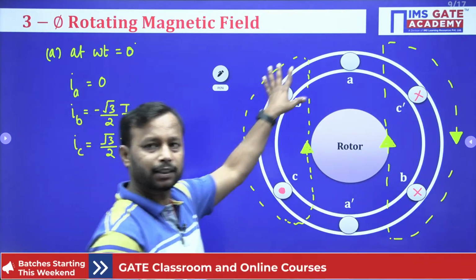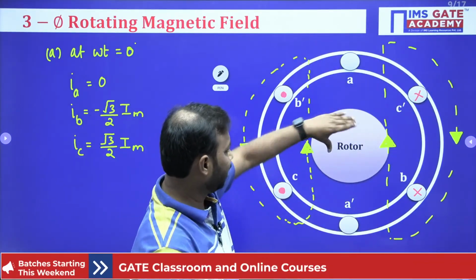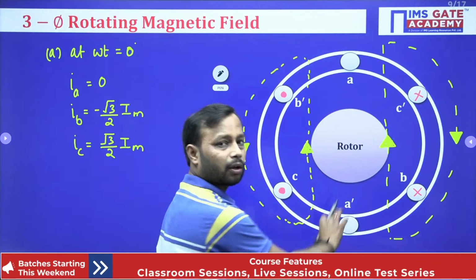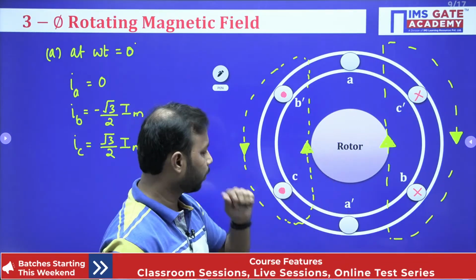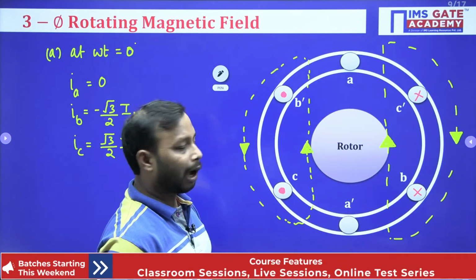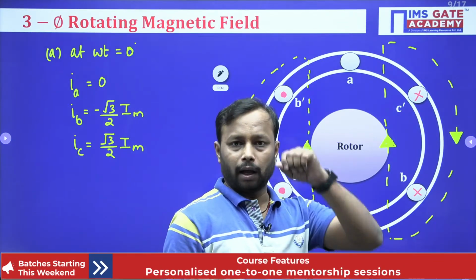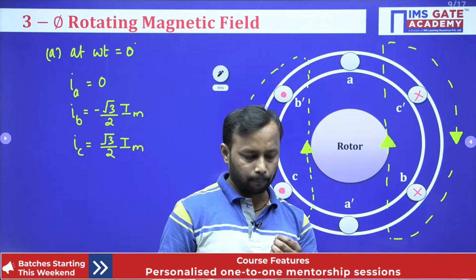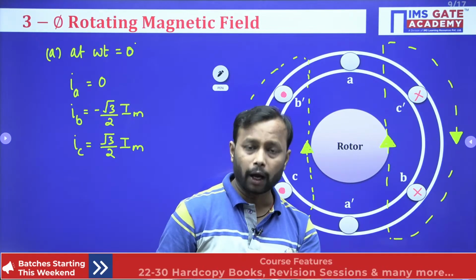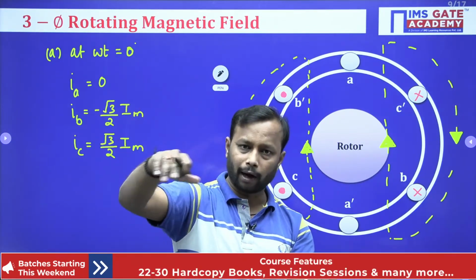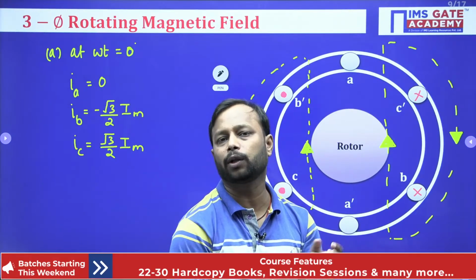All right, so this is the stator, this is the rotor, and the gap is air. Now, we know one concept of the magnetic field: the magnetic field lines move outward from the north pole, enter into the air, and from the air they again enter into the south pole.